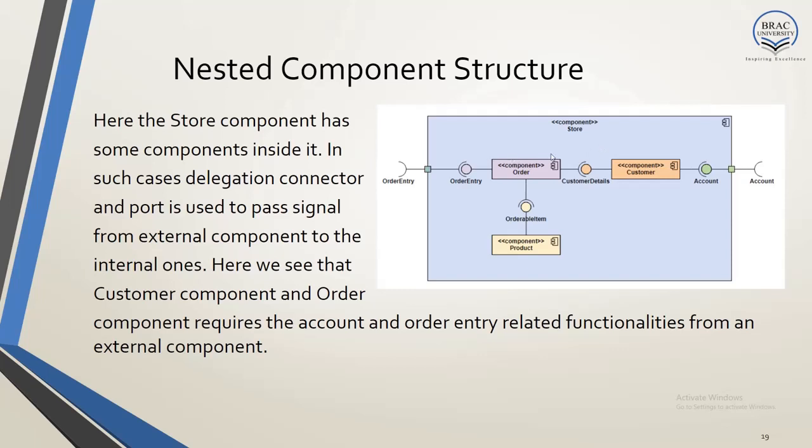And finally, the order component requires the detail of the orderable item from the product component. So the product component actually provides the orderable item interfaces in order to provide the data to the order component. So that's how this whole component actually works as a whole.